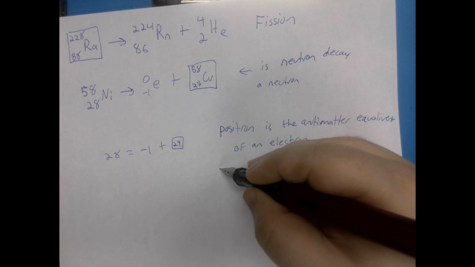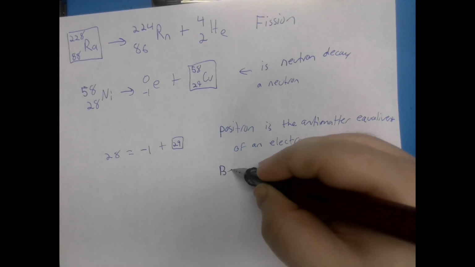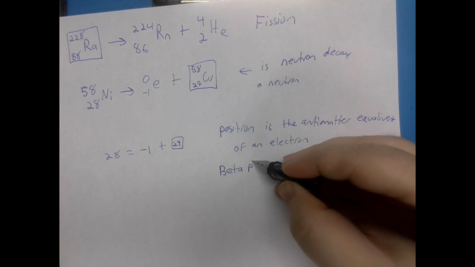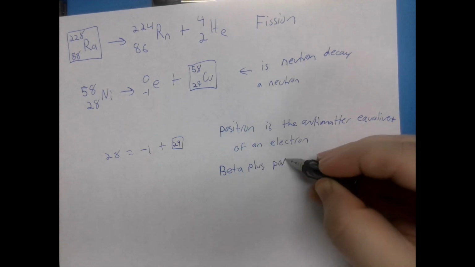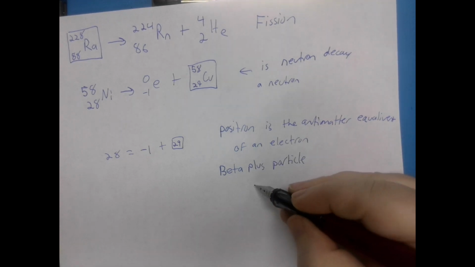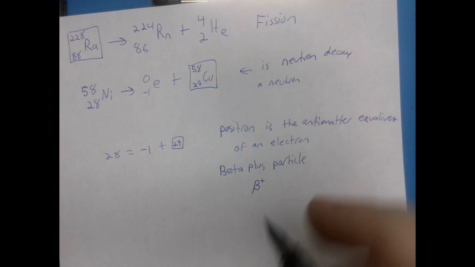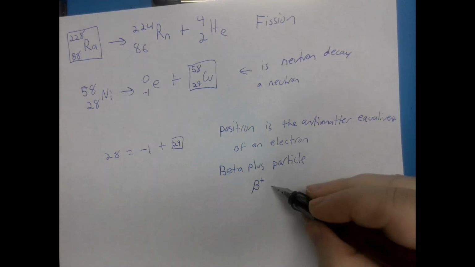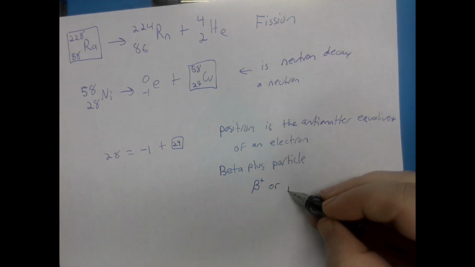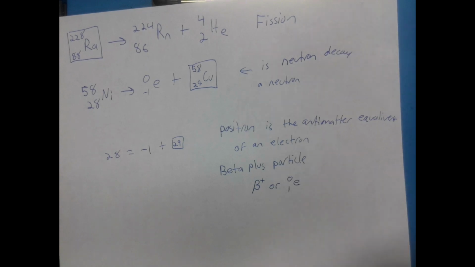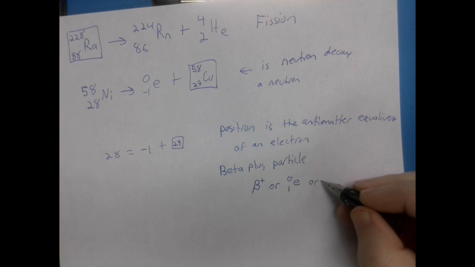We call this also a beta plus particle. Symbol, plus, I believe, with 1 and 0.